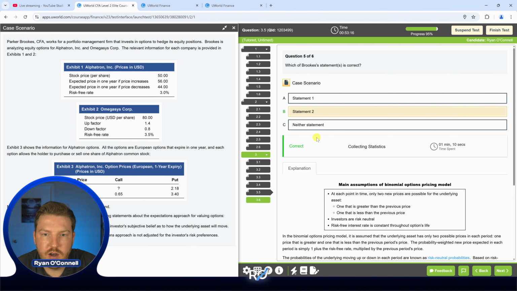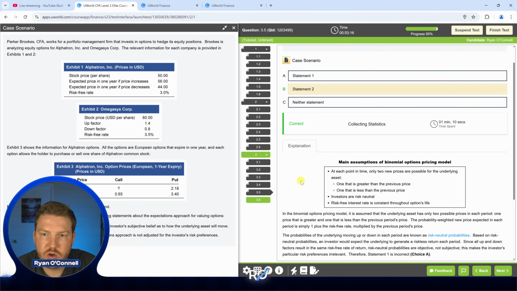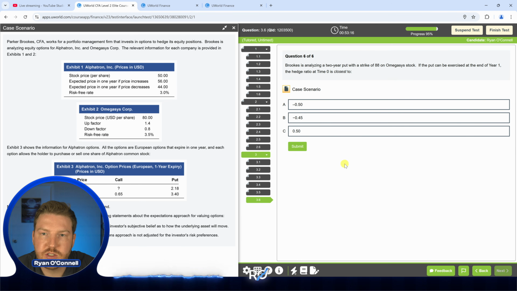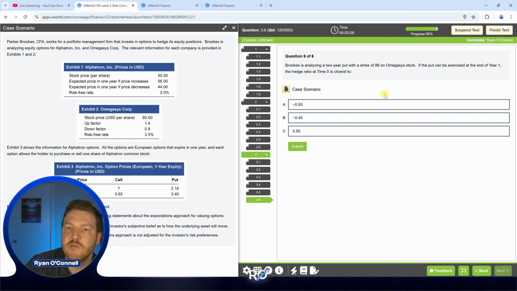And then finally, let's go through to the last question. Brooks is analyzing a 2-year put with a strike price of 88 on this stock. If the put can be exercised at the end of year one, the hedge ratio at time 0 is closest to what?